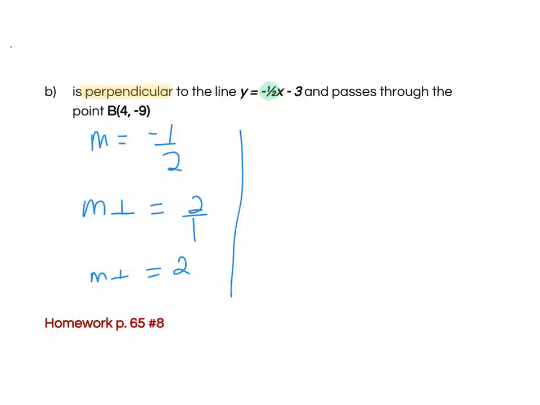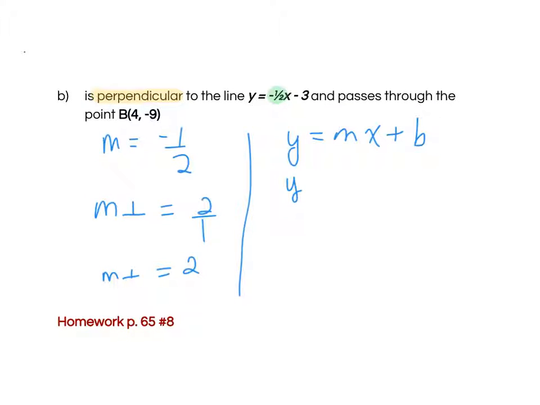I know that I need to insert that slope into my y equals mx plus b form. So I'm going to go ahead and do that. So y equals 2x plus b. And again, I'm going to use the fact that I have this coordinate (4, -9) to solve for b, just as I did in the last question.